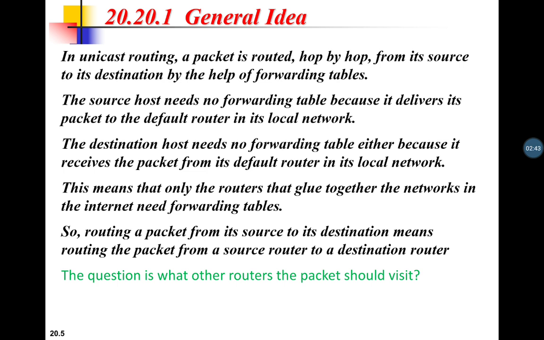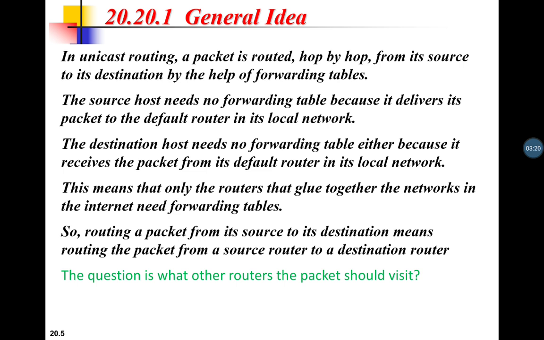So here the source host or the destination host needs no forwarding table to forward a packet, but the routers that glue together the networks in the internet need the forwarding tables. So, routing a packet from the source to the destination means routing the packet from source to a destination router. Only the routers in the internet need forwarding tables, routers that glue together the networks.